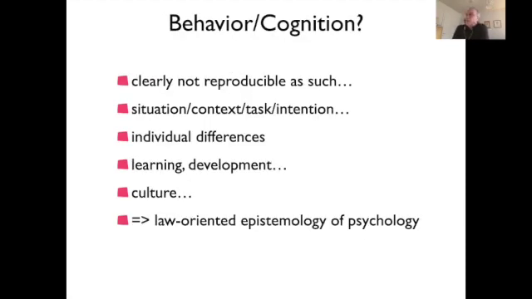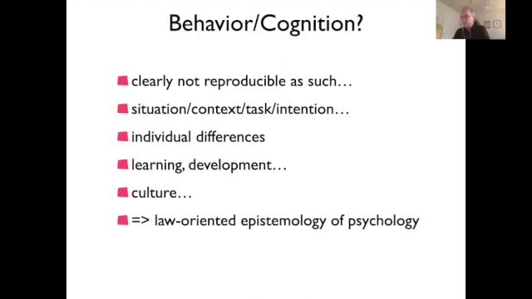So yes, behavior as a manifestation of cognition is not reproducible as such. I think that's obvious. None of us would say that the behavior and the thoughts an individual generates can be extensively described, because there is only a reproducible set of such things.